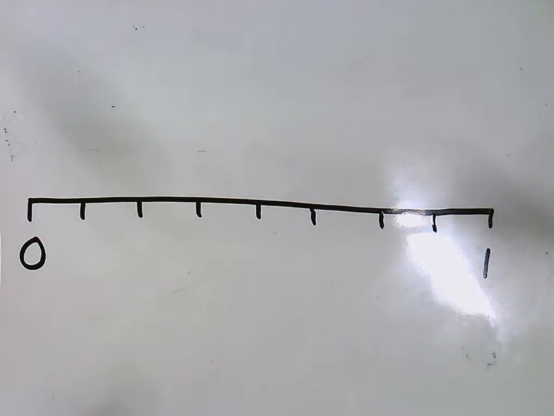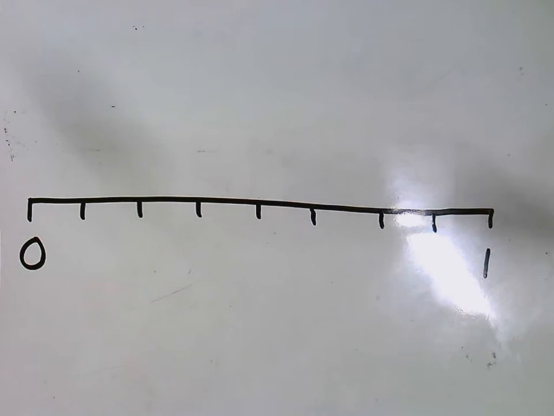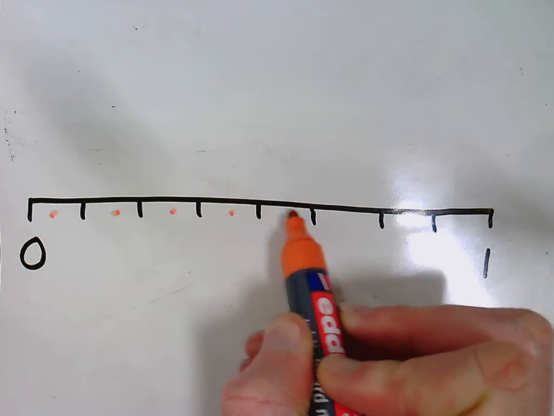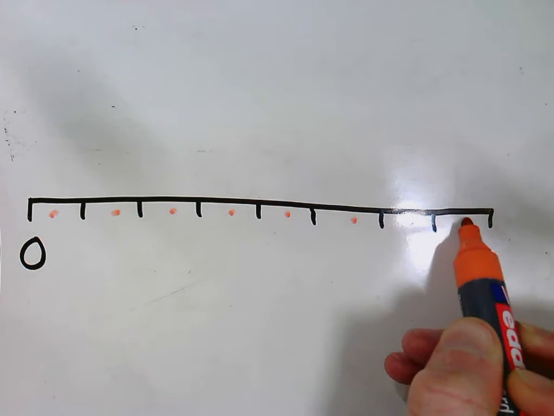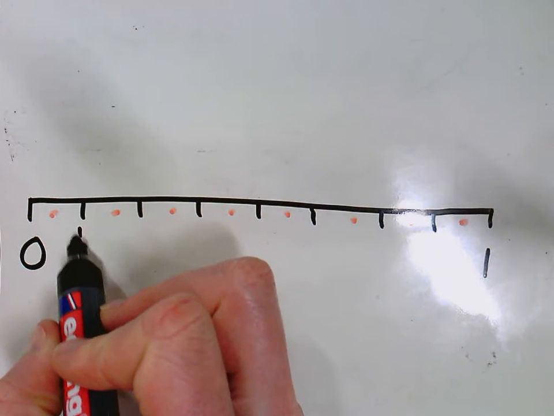Now we've got equal gaps here, and let's see how many gaps we've got. I'm going to do this with my orange. 1, 2, 3, 4, 5, 6, 7, 8. We've got 8 spaces between, or gaps between 0 and 1. That means I know each dash is going to be worth an eighth.